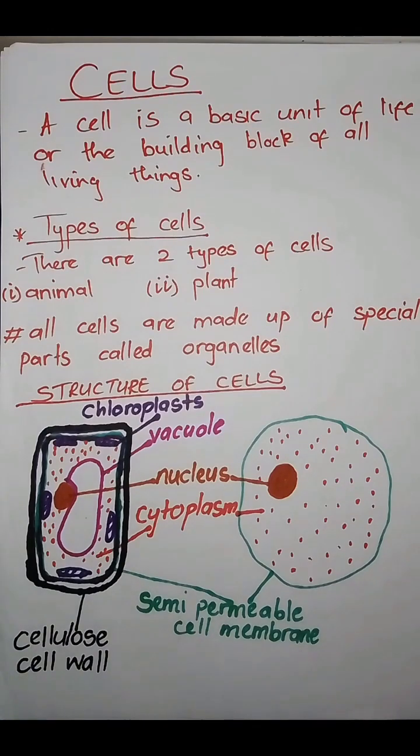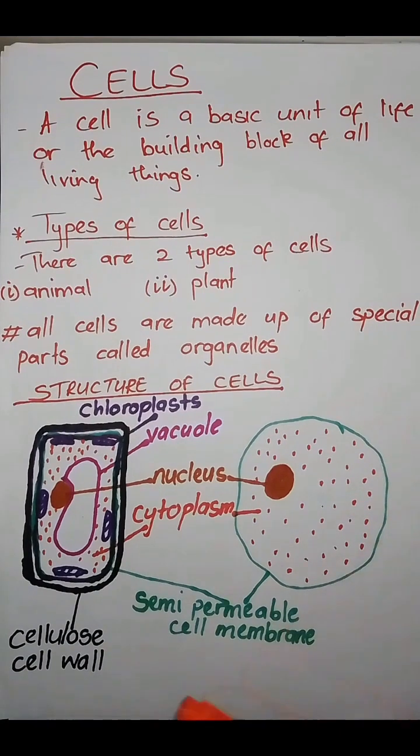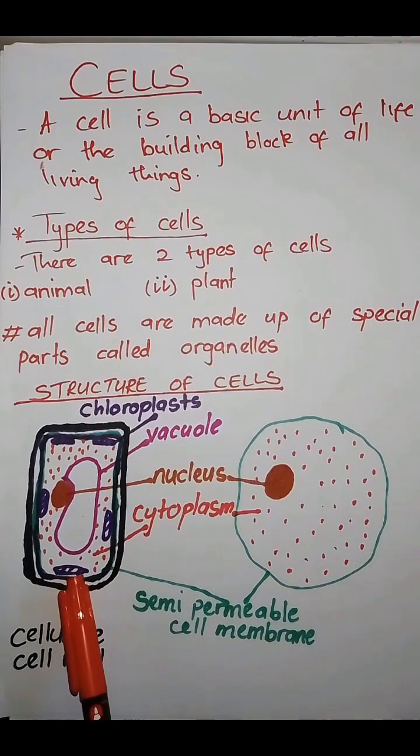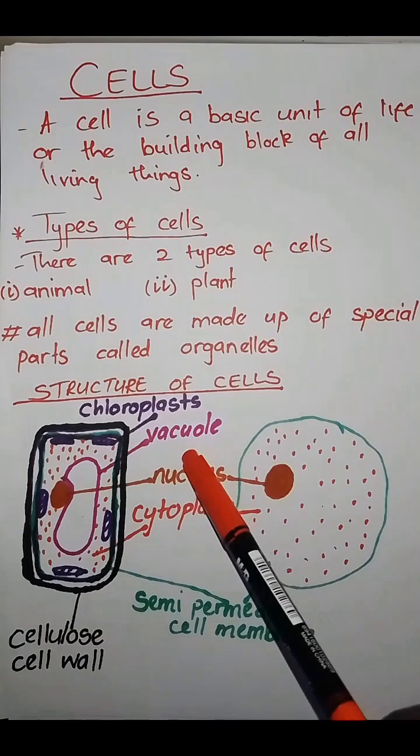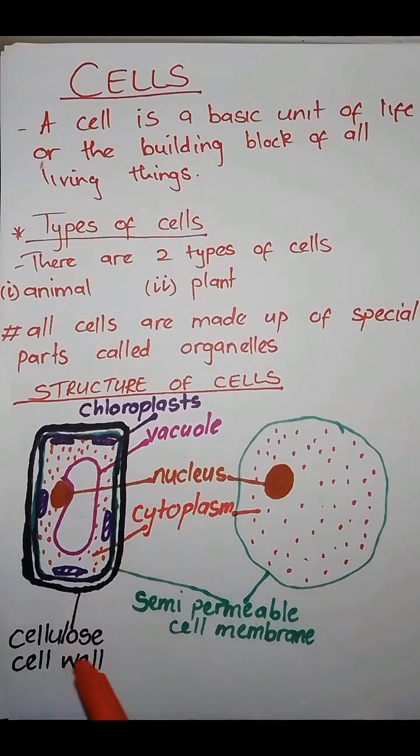So as you can see, this is the structure of an animal cell, and this is the structure of a plant cell. There are parts which are labeled here on the animal cell and the plant cell. A point that you must take note of: all cells are made of special parts which are called organelles.